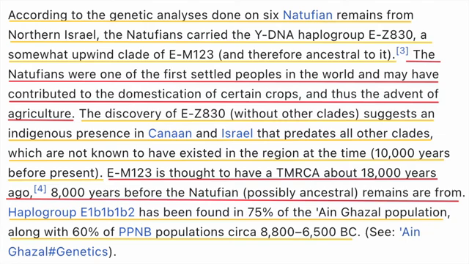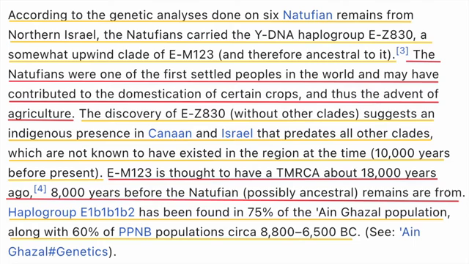The discovery of E-Z830 without other clades suggests an indigenous presence in Canaan and Israel that predates all other clades, which are not known to have existed in the region at that time, 10,000 years before present.